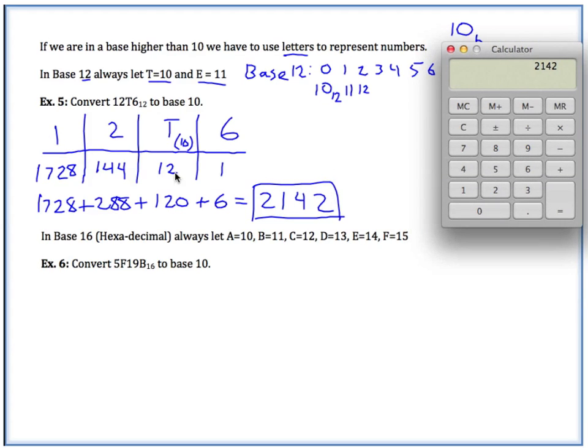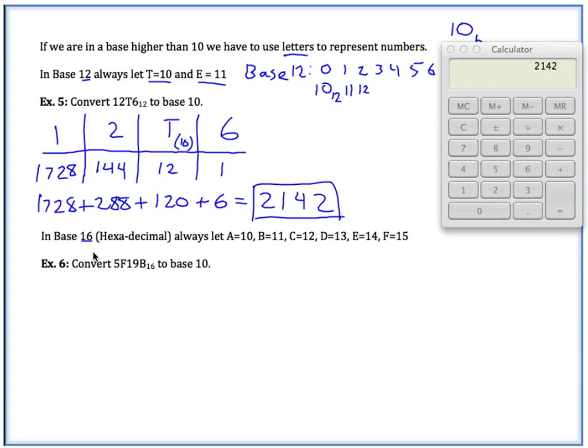Now we also have something called base 16, which is a very common system as well. This is called a hexadecimal system, standing for 16.